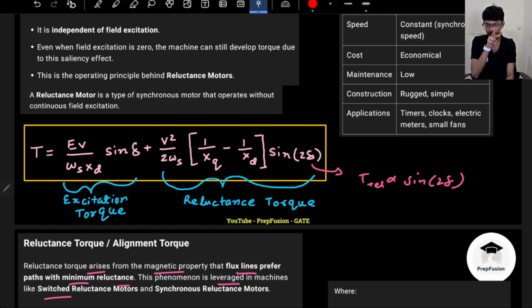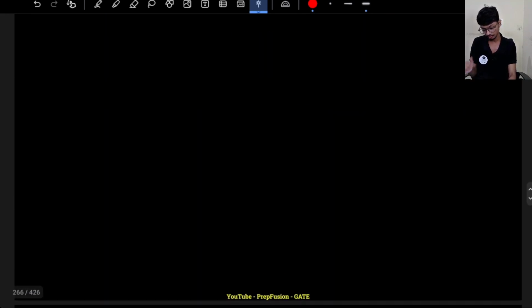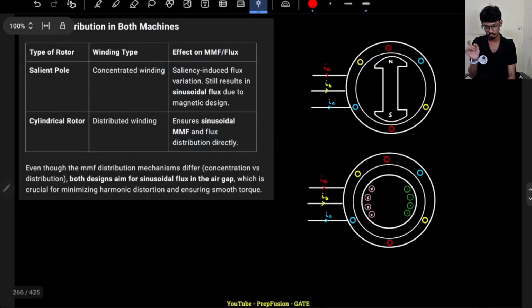Here the reluctance torque is proportional to the sine of the angle between the field MMF and the armature MMF, but 2 times that, 2 delta. So that is a very, very important property of reluctance torque. Don't worry, we will understand reluctance torque when we study the reluctance motor in the last chapter.